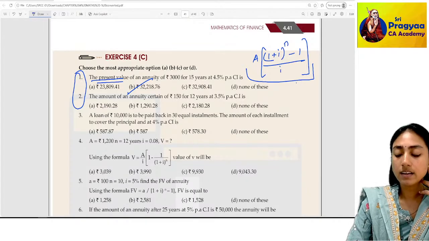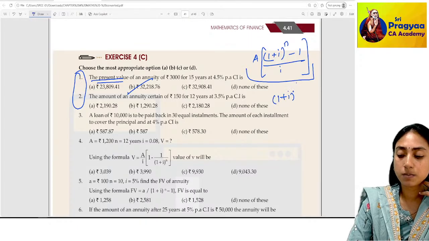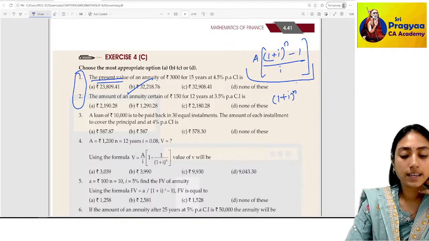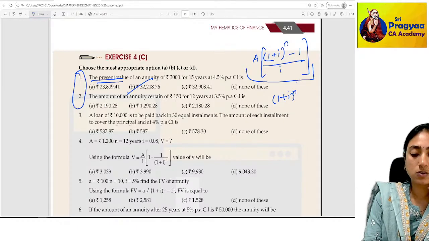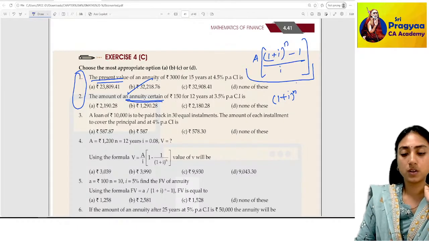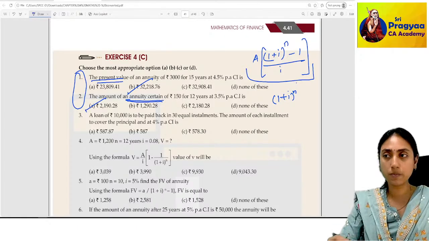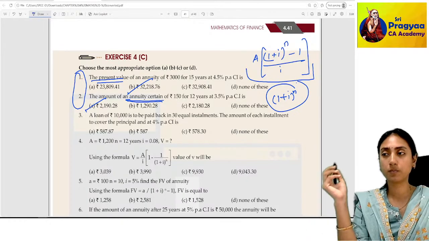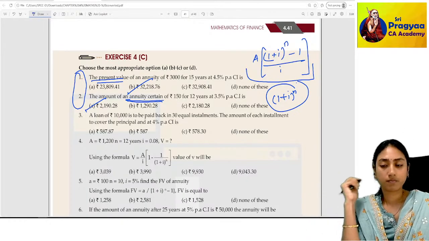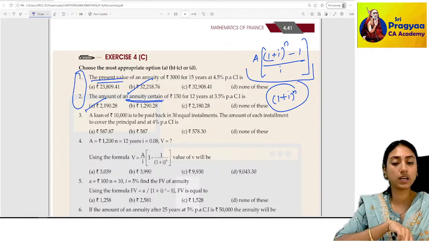Then after you find out the annuity value, you're dividing the whole thing by 1 plus I raised to the power of n. Okay? In the second sum, they are just asking you to find the annuity value alone. So you just stop with the first step. Present value கண்டுபிடிக்க சொன்னா divided by இது பண்ணணும். Okay, understood?